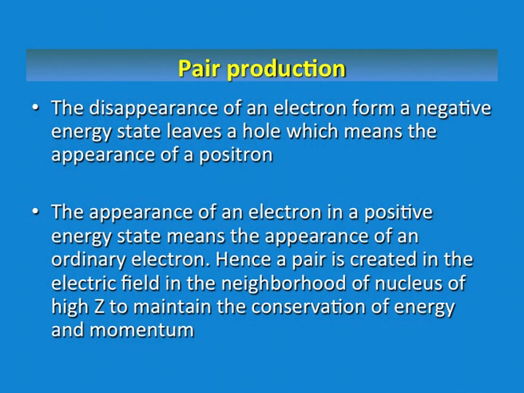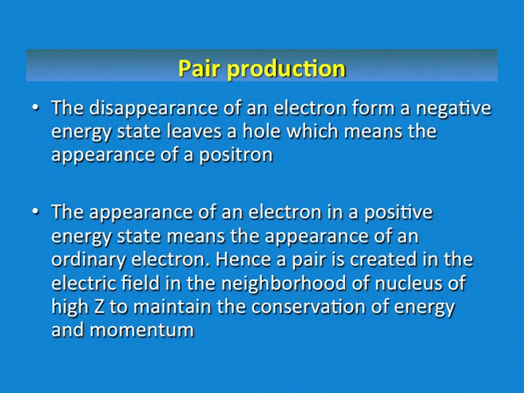Consequently, this must be added to the difference in the energy of both these particles, that is twice the rest mass energy, 2 m0 c square. Hence, we have what is called pair production.